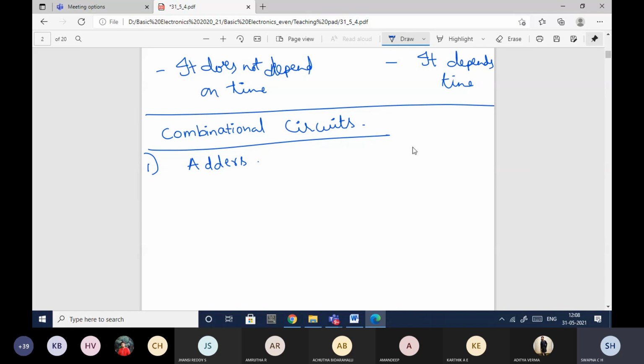Hope you all know how the binary addition will be done. If I have 1 0 1 1 1 1 1 1, how will the addition be done?